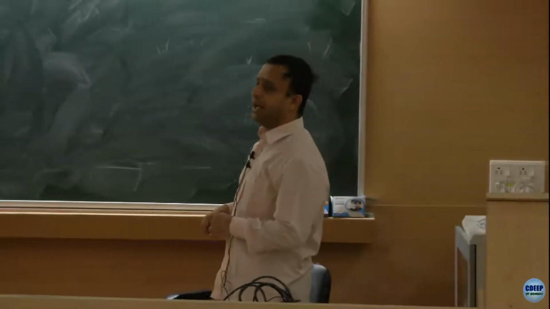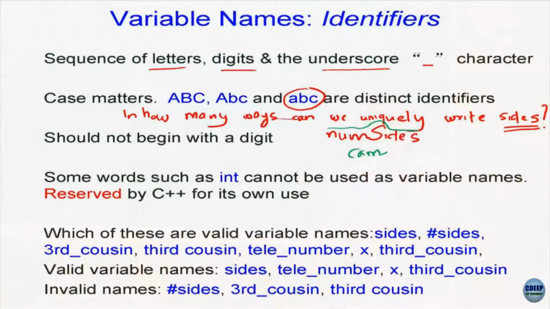If you have a compound name, then you could invoke capitals, for example numSides, with a capital S. You put a capitalization the moment you have a conjoinment of two different words. This is called camel case. There's a hump. Some words, such as int, cannot be used as variable names. They are reserved by C++ for its own use.